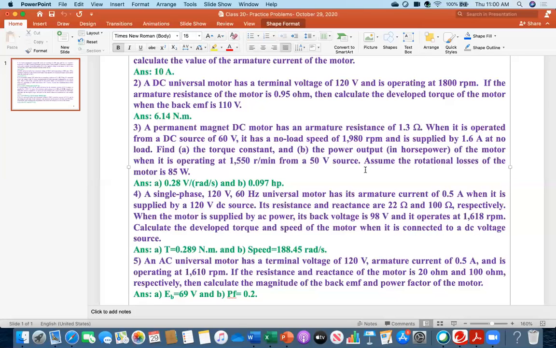I think your K1 value deviated a little bit from 0.28, but those look good. Then you multiplied EB and IA and subtracted the loss, 85. And then you divided that result by 746 to convert into horsepower. Then you should be getting nearby 0.097.